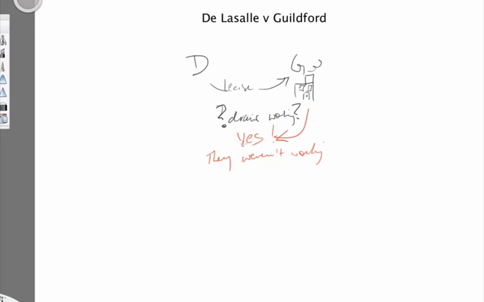Now, because of the parole evidence rule, the court says that statement is not a term. So even though he said that they're working and they're not, the courts invoke the parole evidence rule and say, look, there's nothing in this lease that talks about the drains, so therefore it's not a term.